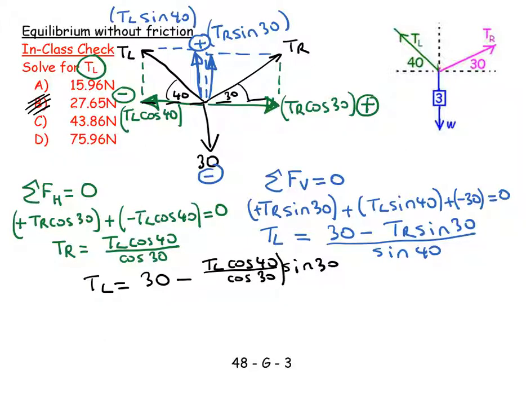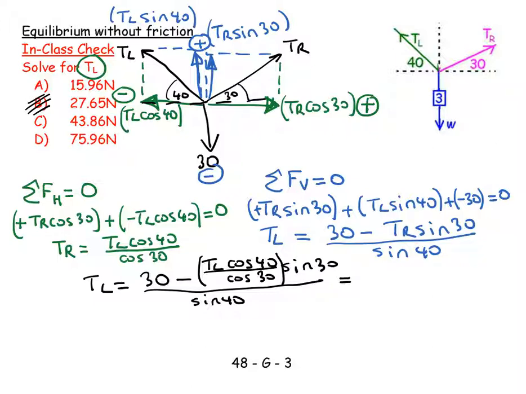I just substituted in for that t right, all over sine 40. I understand if that looks complicated, but with practice you realize that that cosine 40 is just a decimal somewhere between 0 and 1, and that cosine 30 is just a decimal between 0 and 1, and the sine 30 is just a decimal between 0 and 1. These things are just fractional decimal numbers.